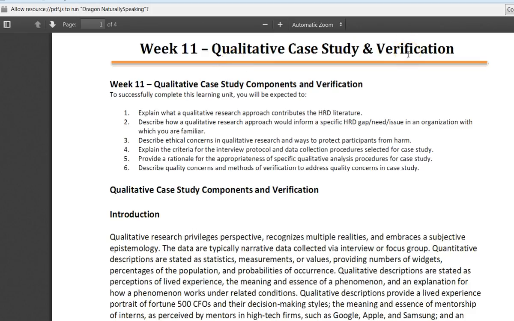Verification is qualitative. That's the qualitative form of quality. And what you're going after here, rather than validity and reliability, is trustworthiness.